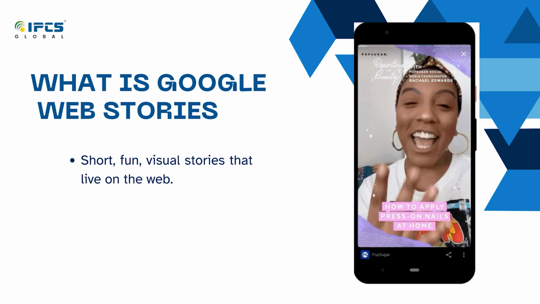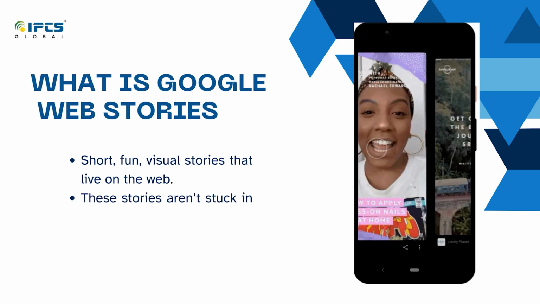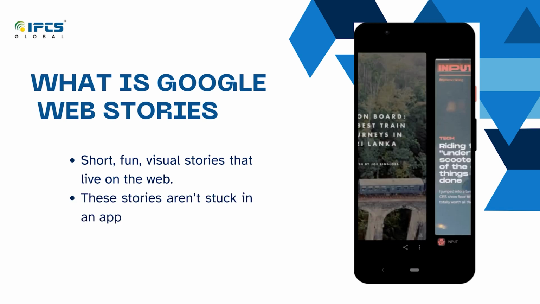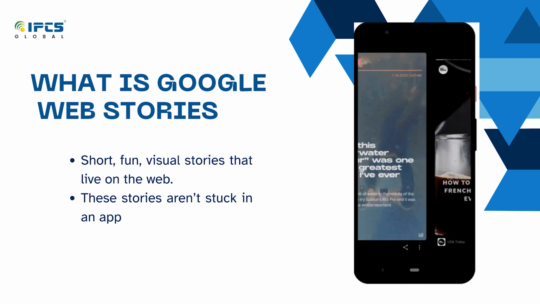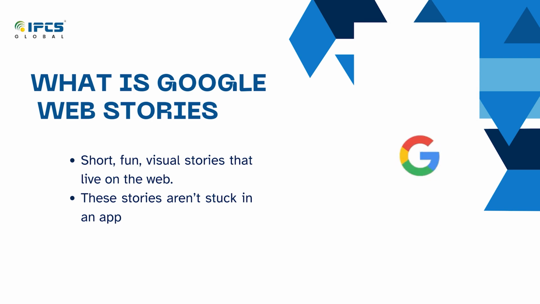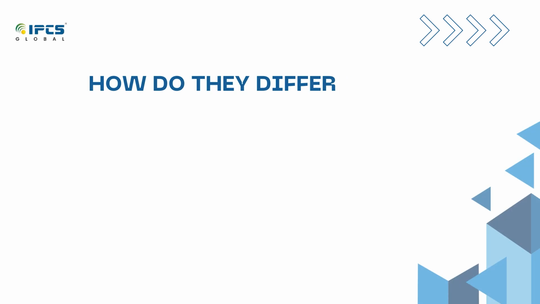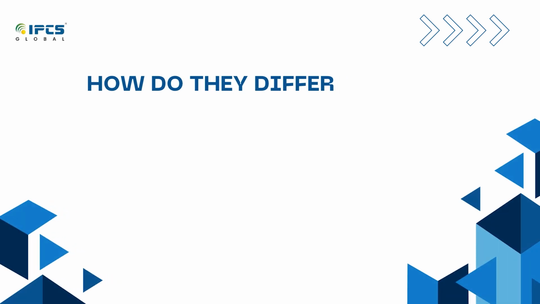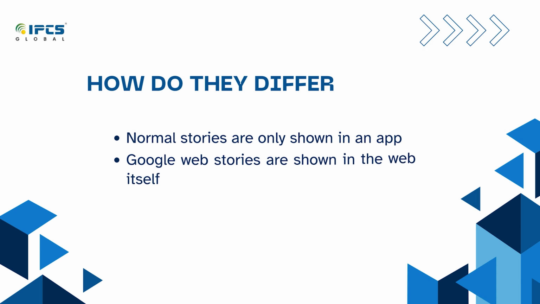They are like Instagram or Snapchat stories, but built for the web, which means they are searchable, permanent, and it can even bring traffic to our website. So, the difference between normal stories and Google Web Stories is that these stories aren't stuck in an app. As we know, normal stories are only seen in the Instagram or Snapchat app, right?